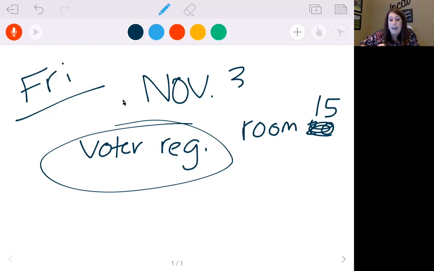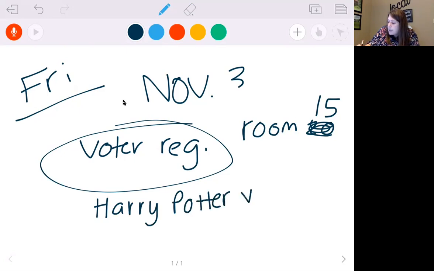When I get everybody's in, I'll make your voter registration card, and it'll be something you can use to vote. If you're in person by November 3rd, you'll get to actually go to an actual ballot place and put your vote in. We're going to be voting this year for Harry Potter versus Captain America.